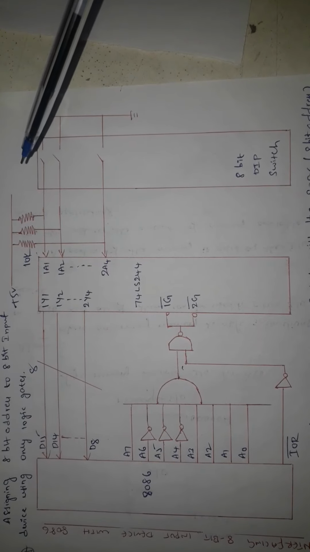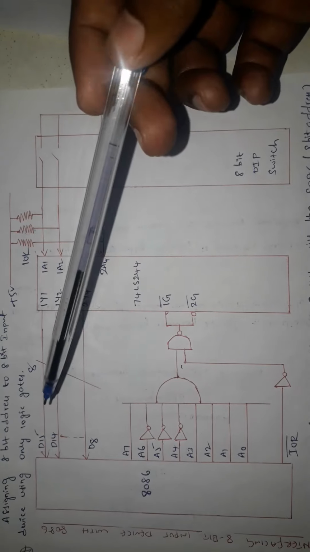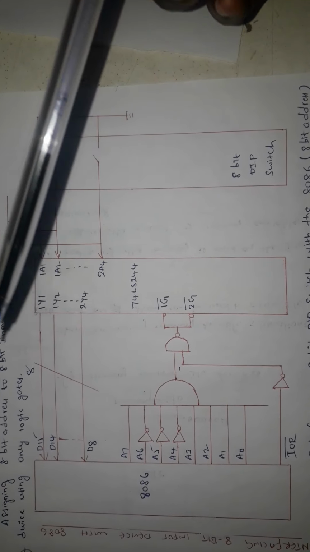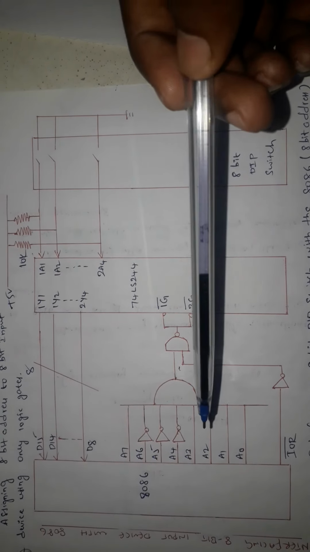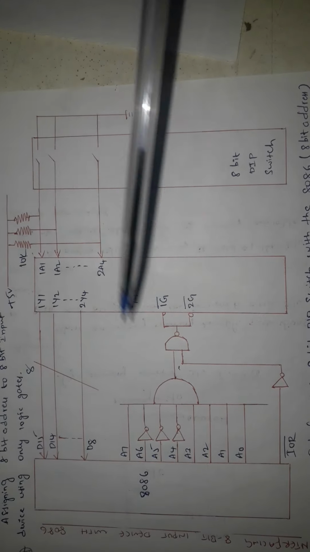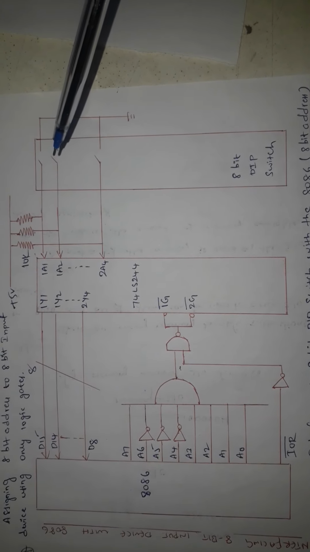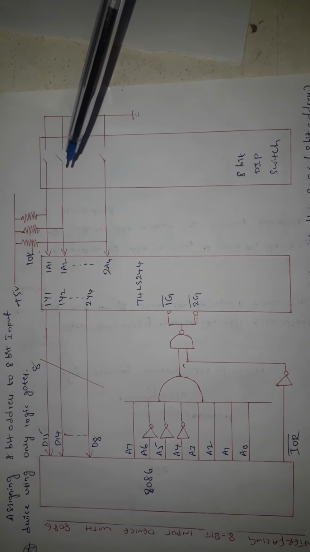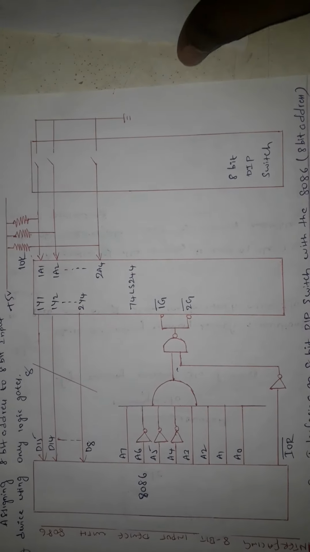So whatever 8-bit data is available at the switches gets transferred to the processor on the pins D8 to D15. The switches are assigned the 8-bit address 8FH. To read the data available at the address 8FH and store it in the processor, we use an instruction called IN AL, 8FH.